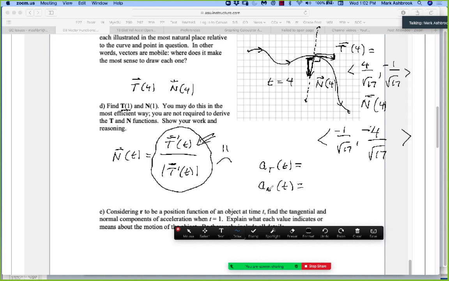The formula for the normal component of acceleration was the magnitude of the cross product. But a cross product requires R3 vectors, not R2. So what you can do is just throw a 0 in your z component.